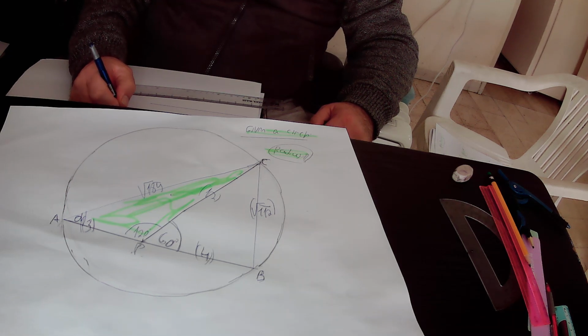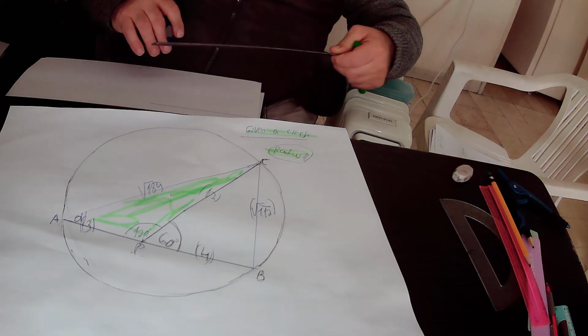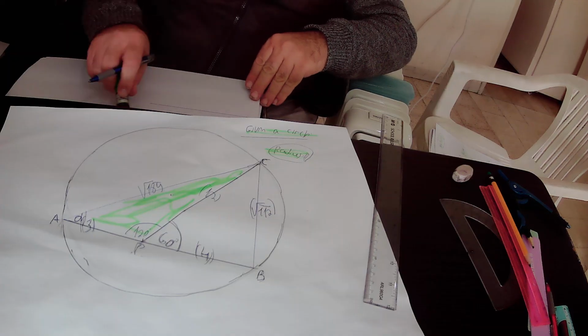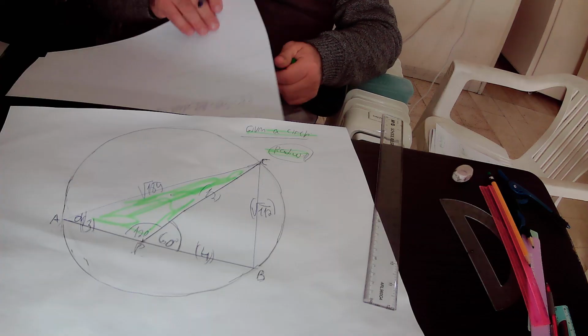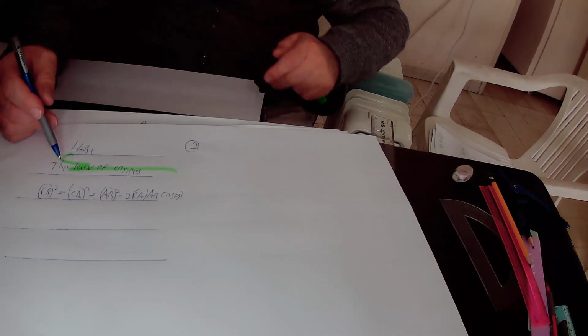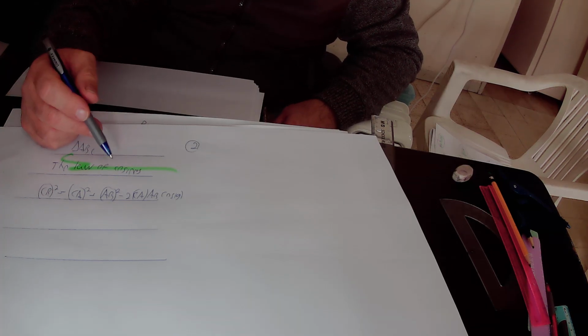And again, on this big triangle ABC, according to the law of cosines, the following equation is true. CB squared equals to CA squared plus AB squared minus 2 times CA times AB times cosine alpha.